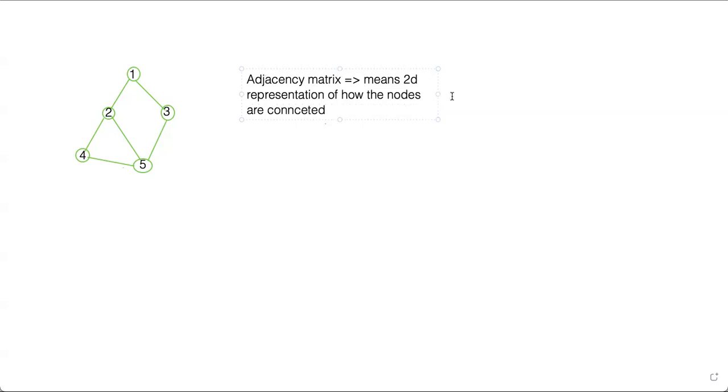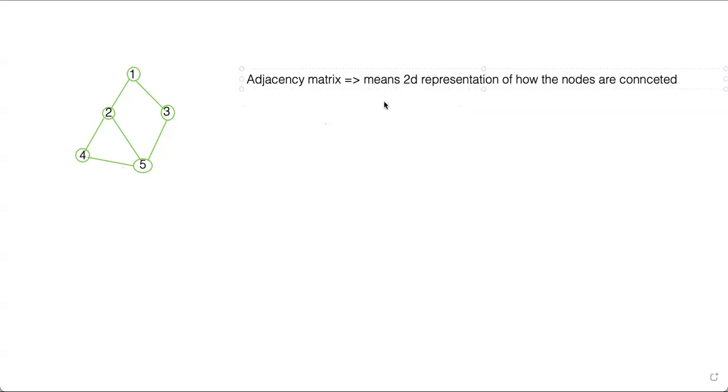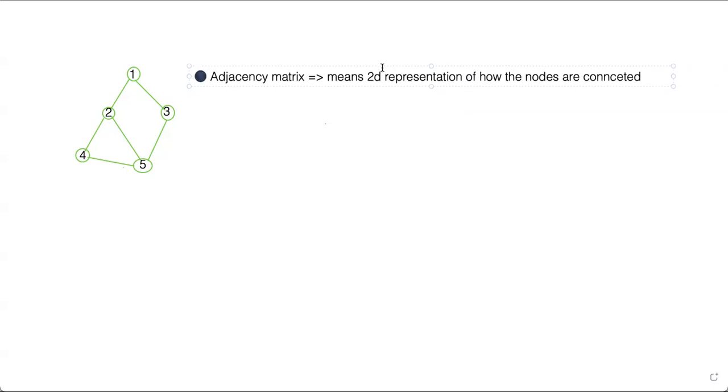Good. So what is an adjacency matrix? Now can you answer? I hope you find it. So the adjacency matrix is just a 2D representation of how the nodes are connected.